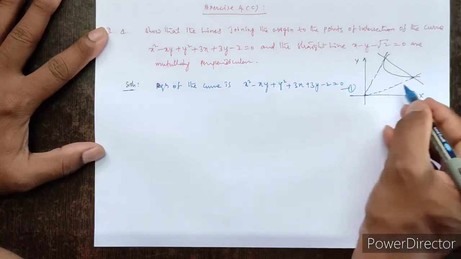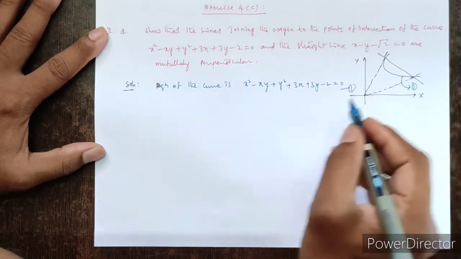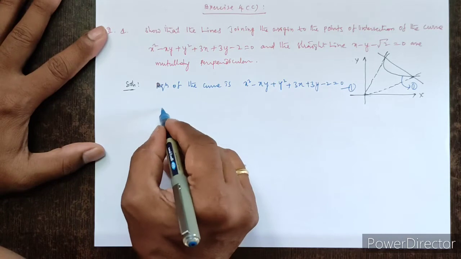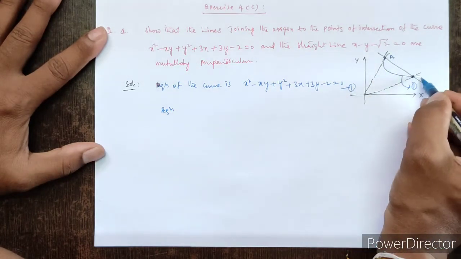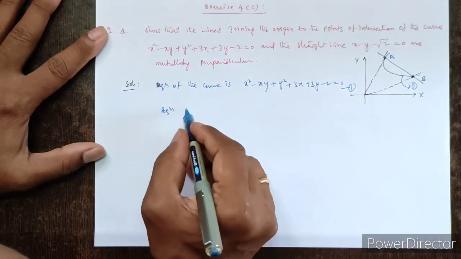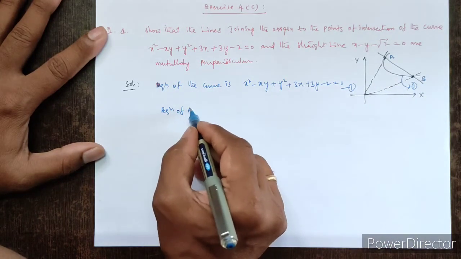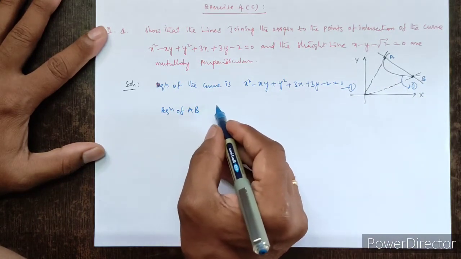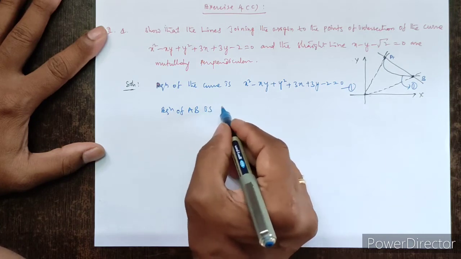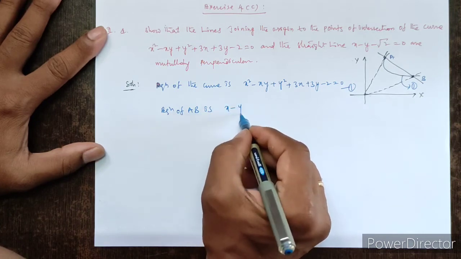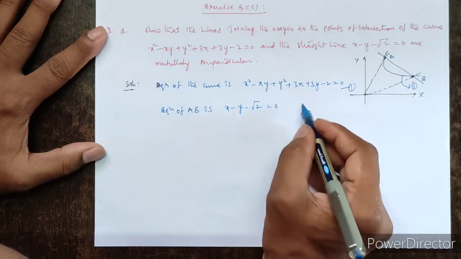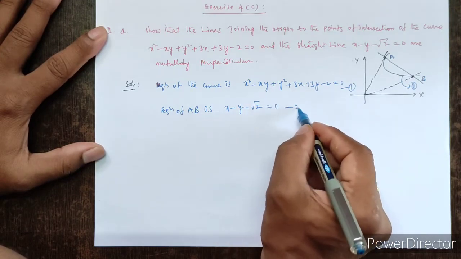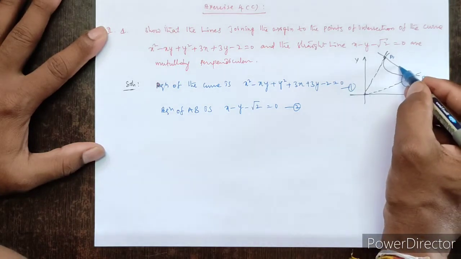This is equation 1. This is the point of intersection A, this is the point of intersection B. The equation of AB is nothing but the straight line x minus y minus root 2 equal to 0. This is equation number 2.